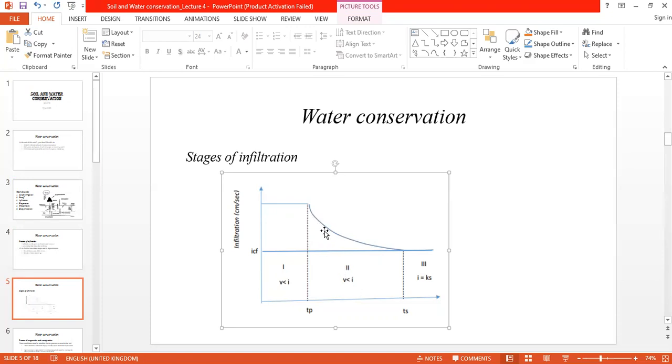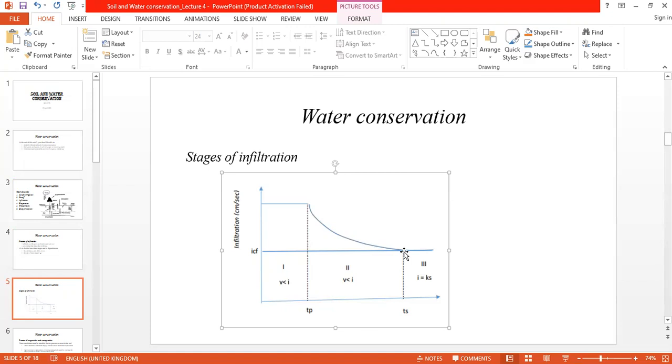Then as it continues to reduce, it will reach a point where it cannot reduce anymore, like the infiltration rate becoming constant. At this point, we say the soil has become saturated, and we call that infiltration rate the hydraulic conductivity.